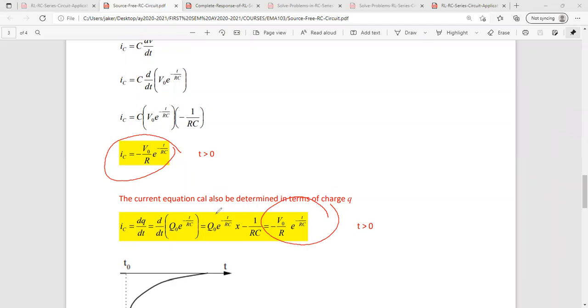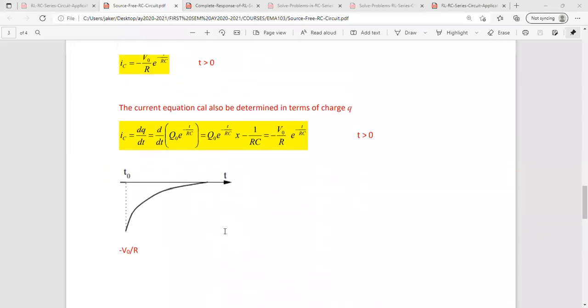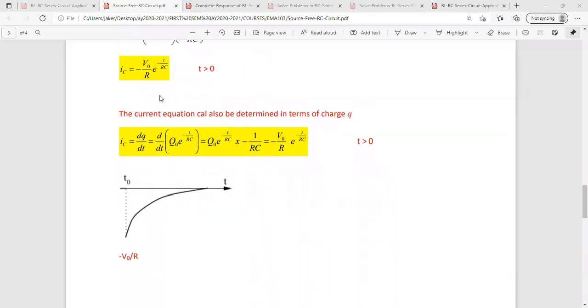As to the behavior of this particular current, okay, I need to erase so I can go up. You have here V sub O over R. The vertical axis is V sub O over R, and this is your time. In the behavior of V sub O over R with respect to time, as your time increases, your V sub O over R decreases. Or rather, if this is the negative side, by the way, it increases.